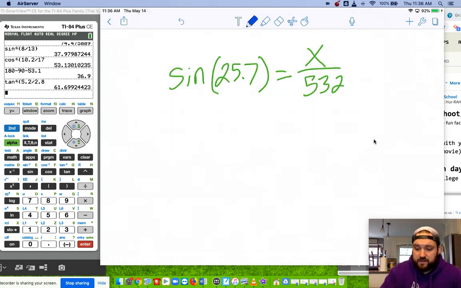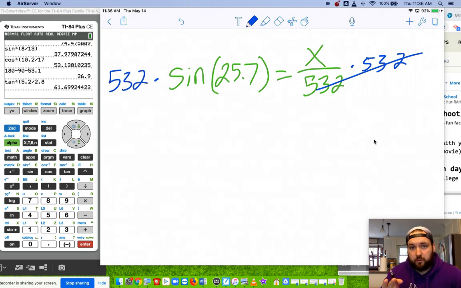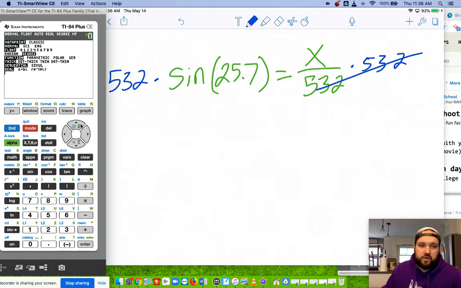Okay, and now I'm just going to solve this equation for the variable x. The variable is already on top, which is great because now when I multiply 532 to clear out the fraction, I will be ready to type this into the calculator because the variable is already isolated. Just one last time, I know I mentioned in the last couple of videos, make sure when you click mode that your calculator is in degrees.